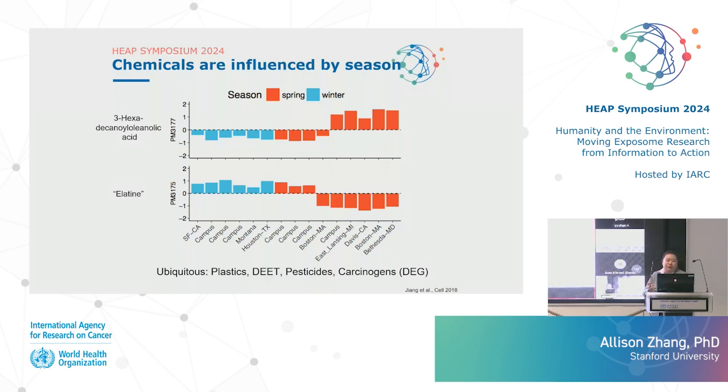Here shows 2 chemicals that show different peak times across season. The top one peaks during spring, while the latter one mainly peaks during winter. And we also found some ubiquitously found chemicals that include plastic. That's basically everywhere. We found it in every sample. And also pesticides that are also ubiquitously found in our samples.